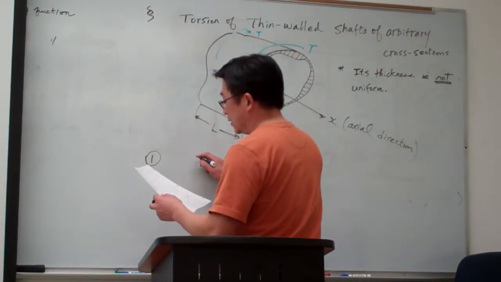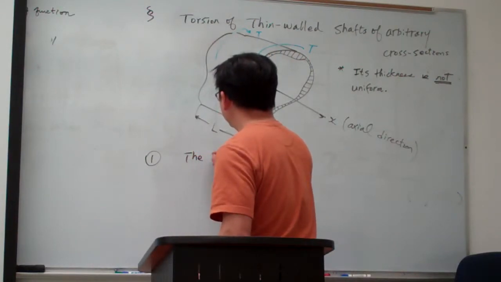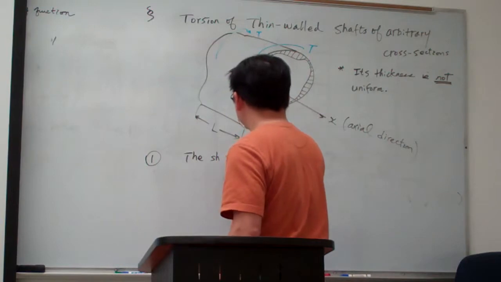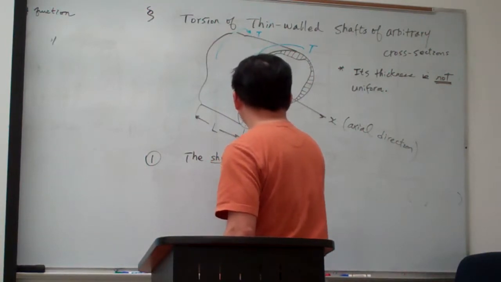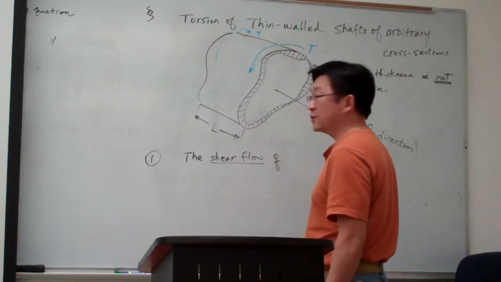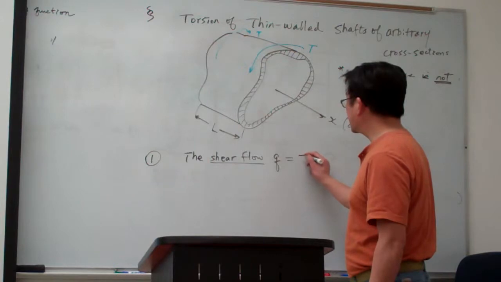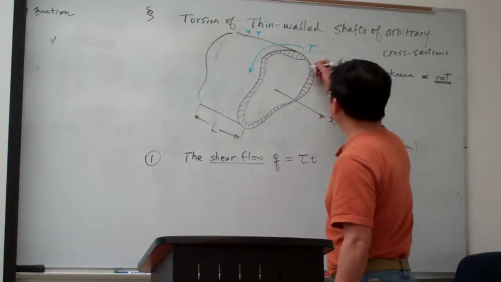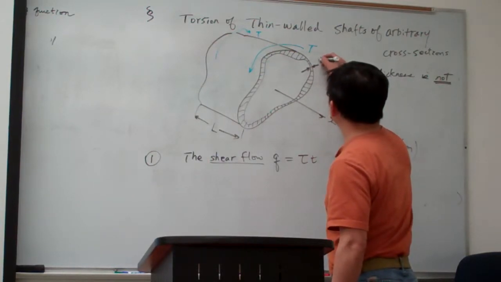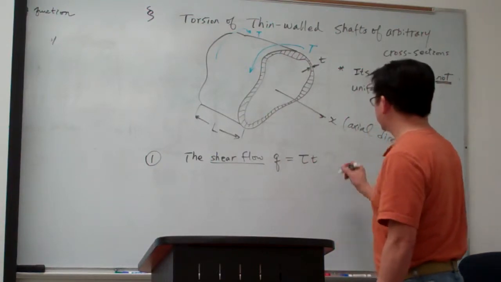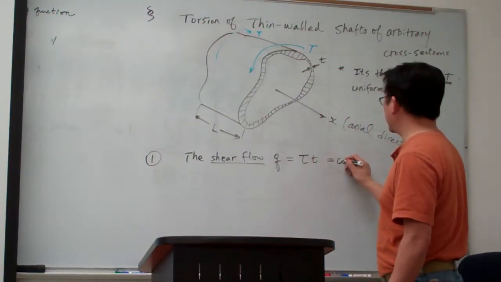The first one is the shear flow. In terms of the notation in our textbook, we're using q, and by definition it is tau times t. The t is the thickness. The thickness t is not uniform, but the shear flow q is equal to a constant.